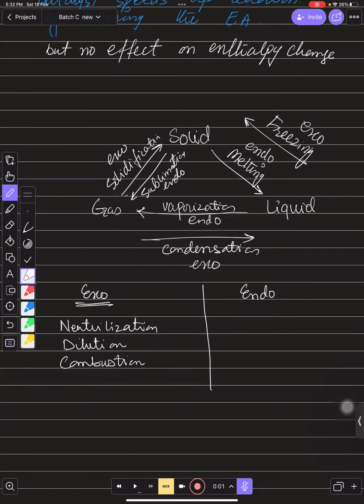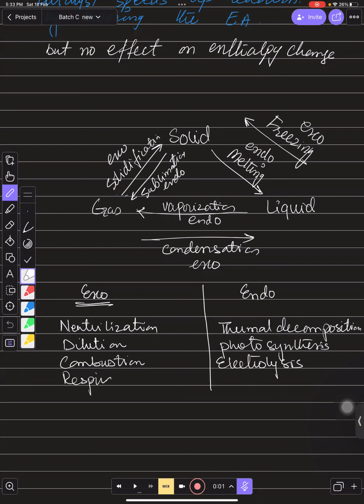Then here we have endothermic reactions. We already mentioned some of them over there. And then thermal decomposition, you need to keep remember, is an endothermic reaction. Photosynthesis is a very common example of an endothermic reaction. उसके अलावा भी आपके पास electrolysis है, which is an endothermic reaction. और इसके अंदर आप respiration को भी consider कर सकते हो, which is exothermic reaction. अच्छा, thermal decomposition में आप लाजमी cracking को याद रखिएगा.